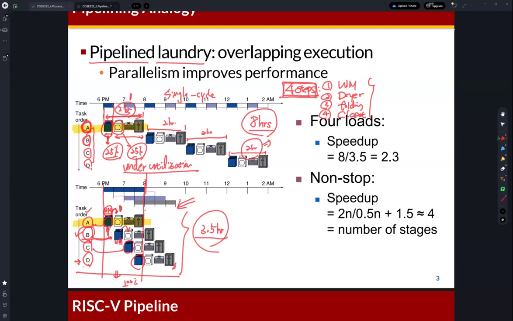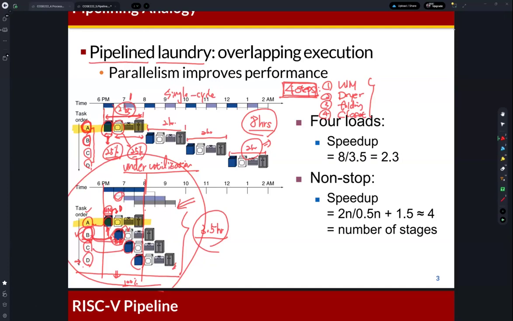It is because the hardware resources for the first step are empty at this time slot. So in this case, we can assign a new task to this empty slot, empty hardware. So the task B can start earlier, right? If there are multiple tasks, and we apply the pipelining manner like this analogy, then we can improve the performance.